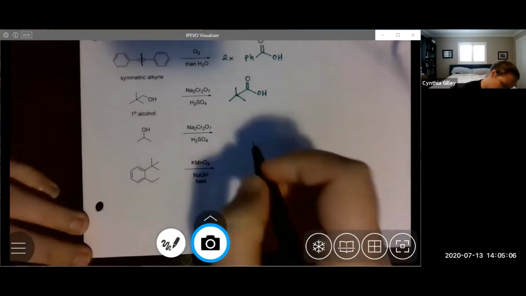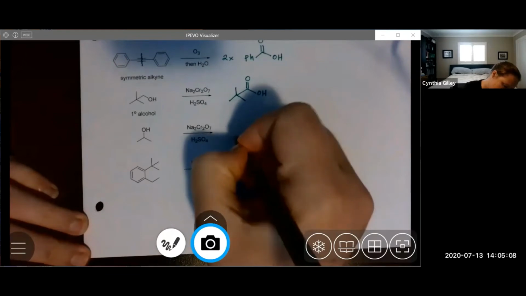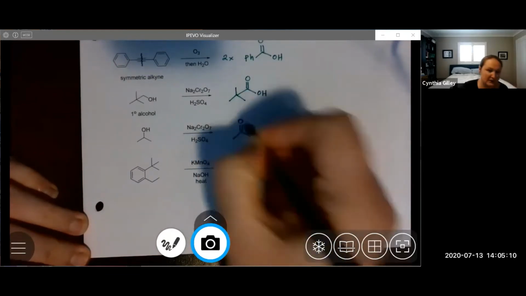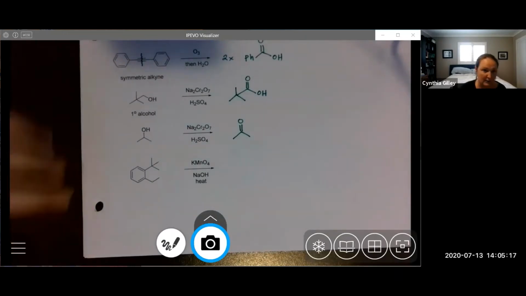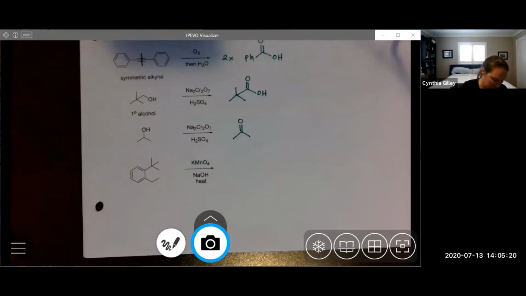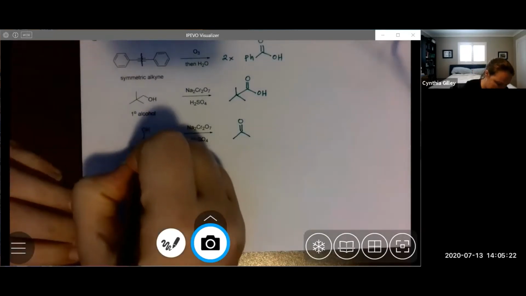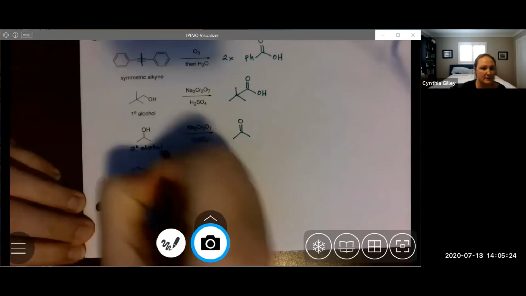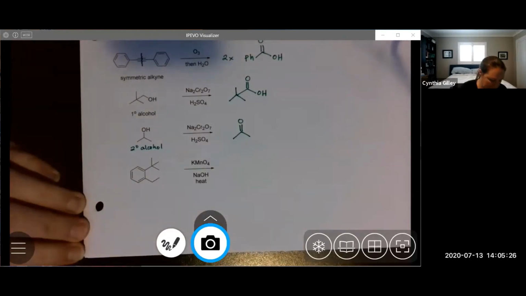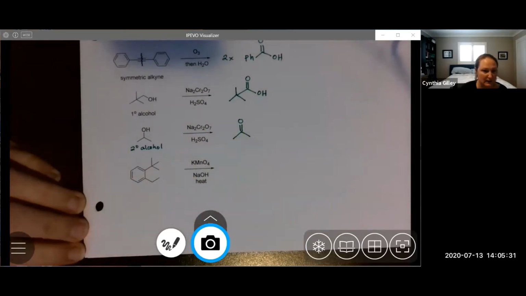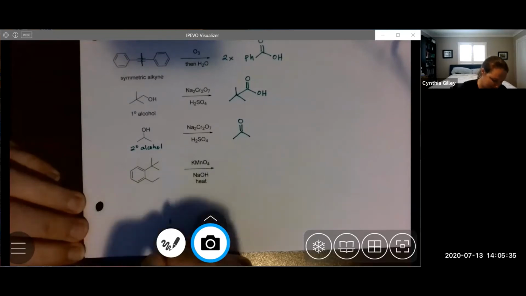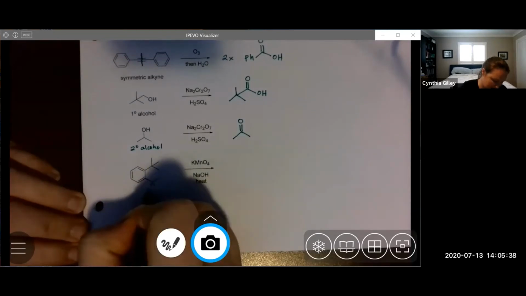We have oxidation of a secondary alcohol to a ketone, which is a bit strange to see in the review making carboxylic acid section, but they're just trying to distinguish the difference between primary and secondary alcohol and oxidation products of those. And then we have potassium permanganate. You could also use sodium dichromate here to do a benzylic oxidation, because there's at least one hydrogen in the benzylic position here.